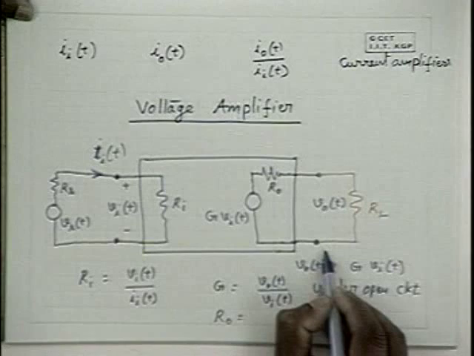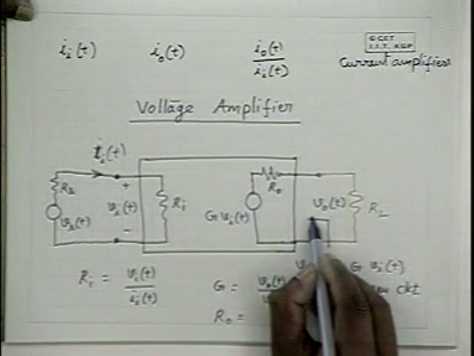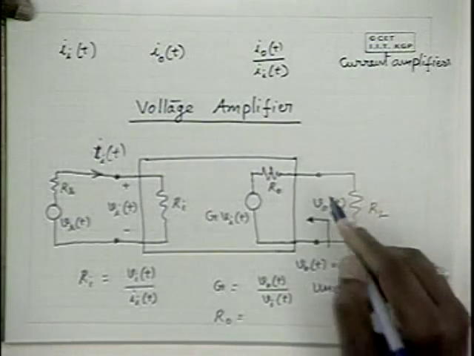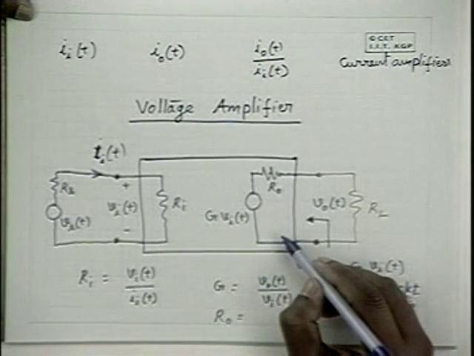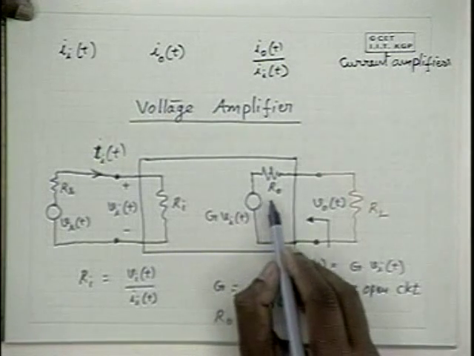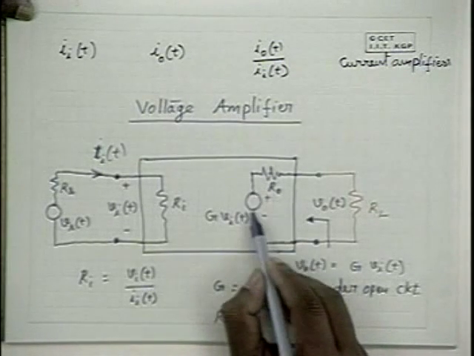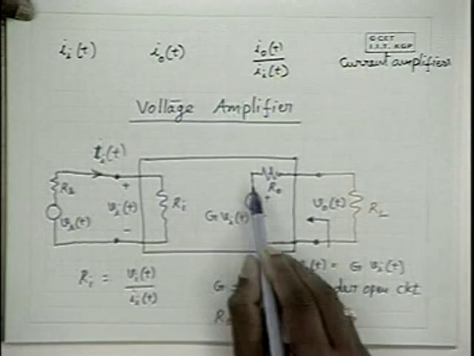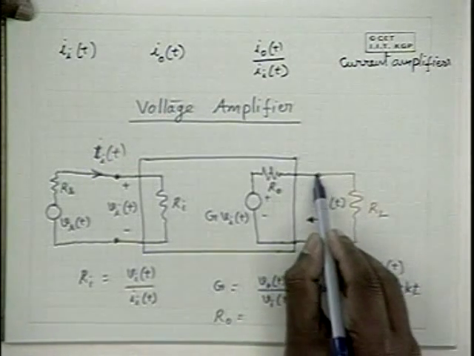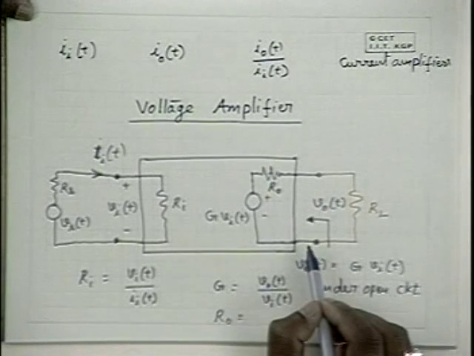What about R0? R0 is the impedance looking into these terminals, or the resistance exhibited across these two terminals when this voltage is 0. That means when this is a short circuit, R0 is the impedance appearing between these two terminals.